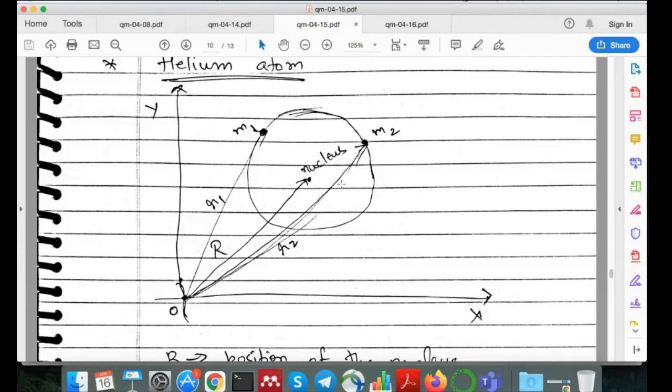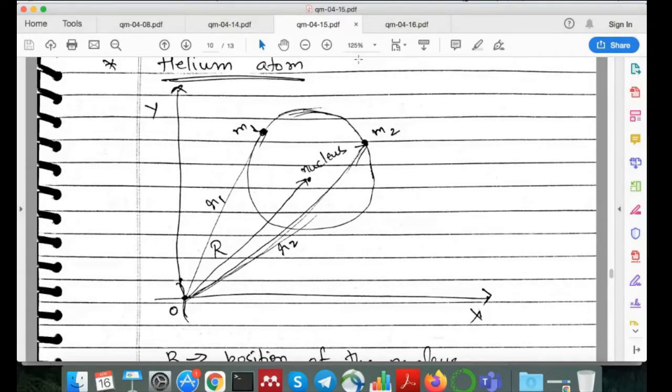So as an approximation, we assume that the nucleus is fixed at the origin because it's heavier, so it's more localized, whereas the electrons are moving around the nucleus. So you only consider the motion of the electrons, and you don't consider the motion of the nucleus.